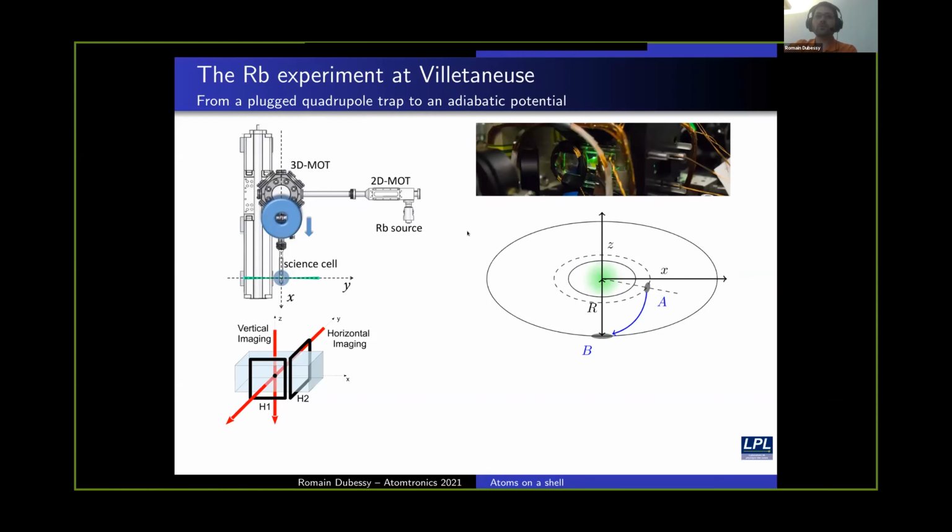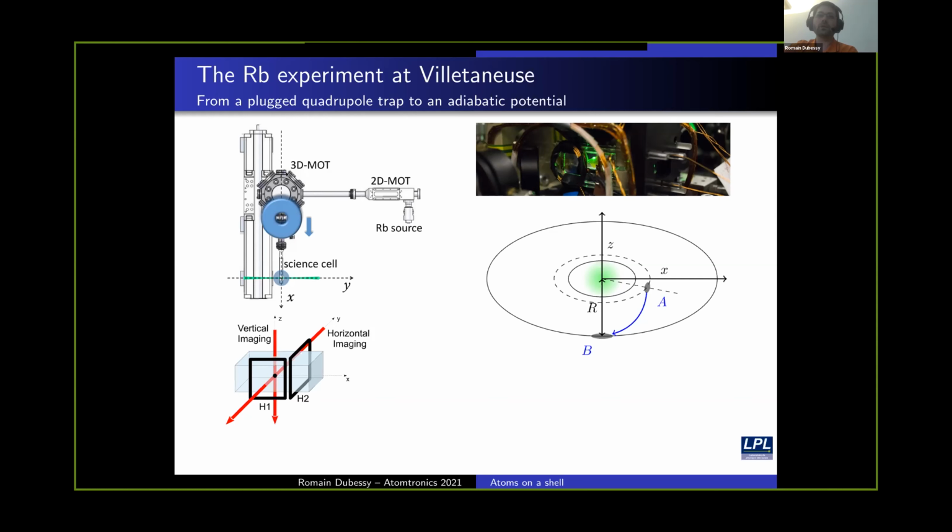Before going into the technical details, I just want to give you a little introduction to the experimental setup we are using in Villetaneuse. We trap rubidium atoms and we make a Bose-Einstein condensate. Starting from a two-dimensional MOT, we load a three-dimensional MOT, so it's a fairly standard setup.